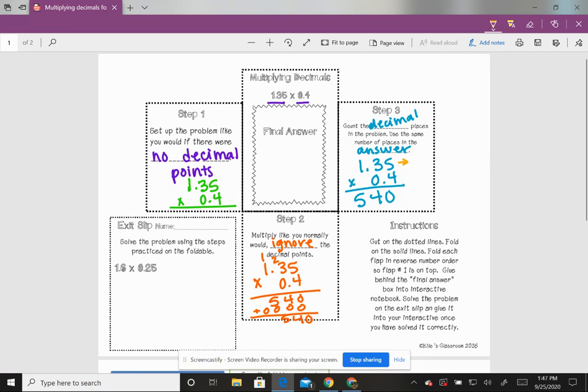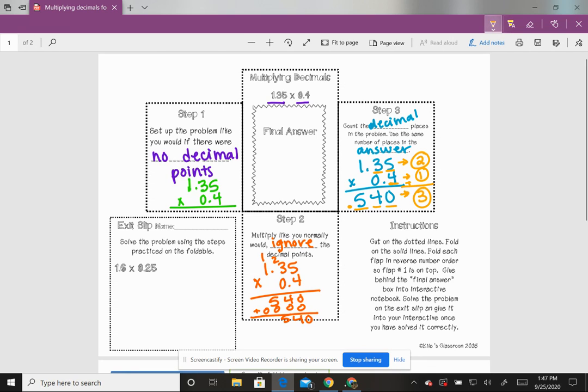Well, if you follow the directions, I need to now count the number of decimal places in each factor. In 1 and 35 hundredths, the decimal moved 2 times. In the number 4 tenths, the number moved 1 time. Which means when I add those up, my decimal is actually going to move a total of 3 times. Which means I'm going to underline 3 digits and put my decimal in front.